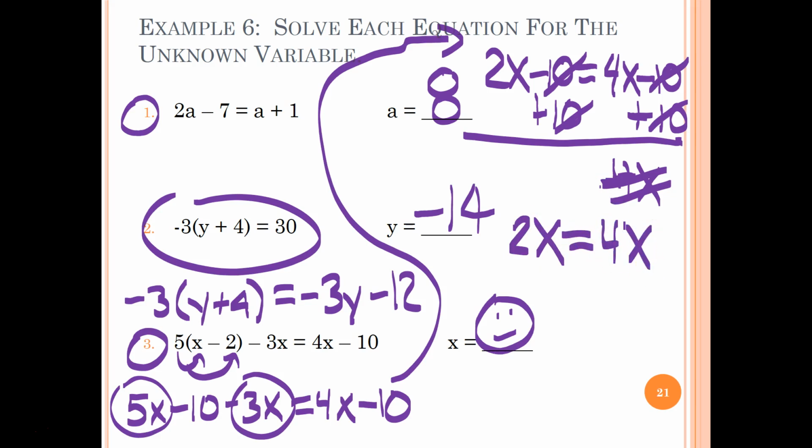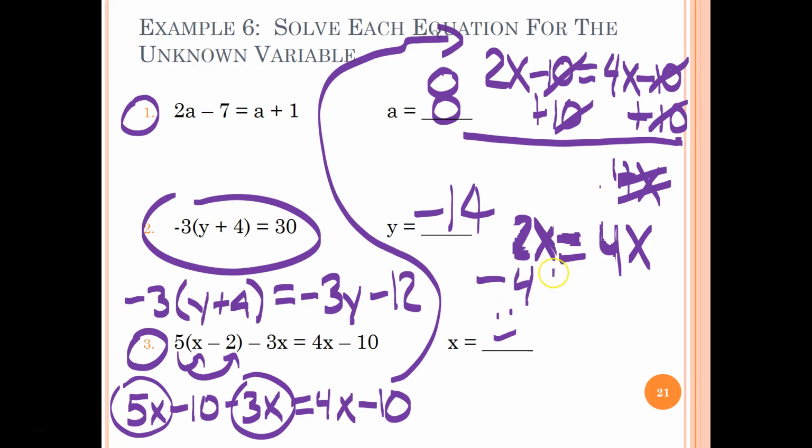Now this is odd, right? A lot of people will put no solution here. The problem with that is that it's not enough to say no solution, because there is a solution.